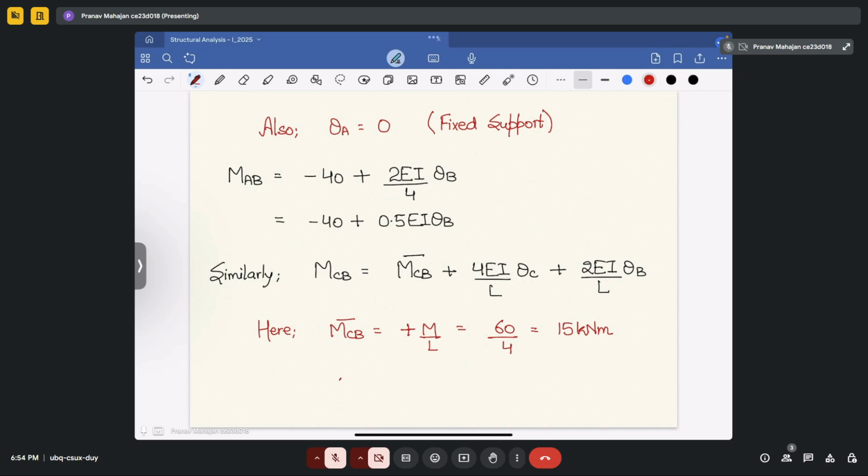Also, your theta C will be equal to 0 because of your fixed support.